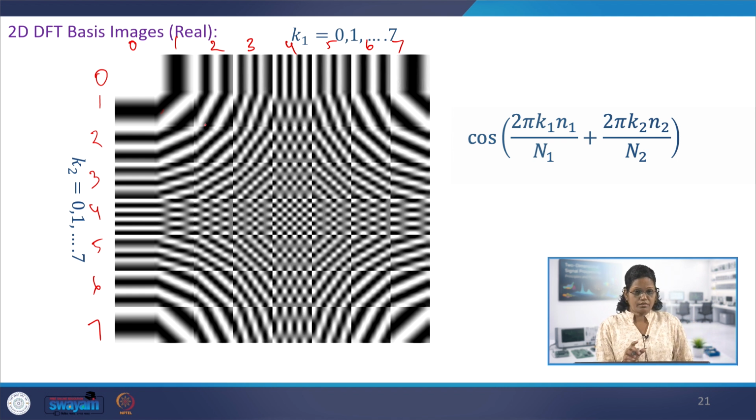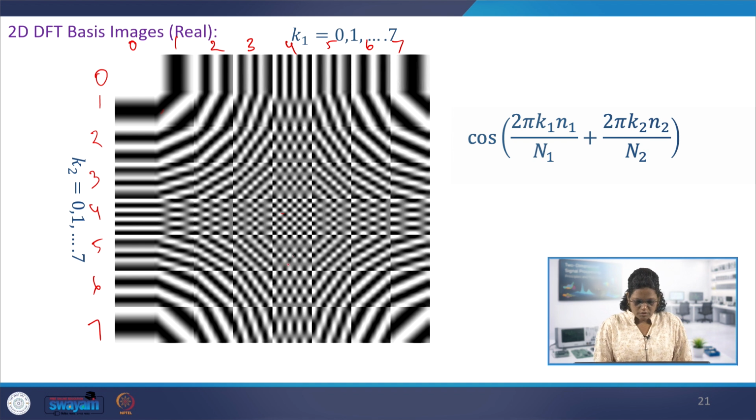There you have the half cycle, here it is a full cycle, because there it is pi k by 2 N1, here it is 2 pi k1 n by N1. So for the diagonal, you can see 1, 2, 3, 4 diagonal stripes right here for 2 and 2. Similarly for 4 and 4, you have 1, 2, 3, 4 diagonal stripes.